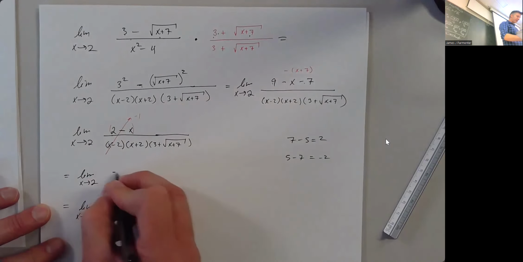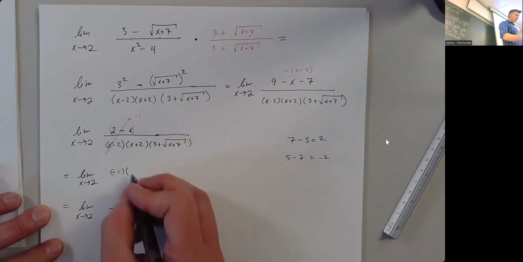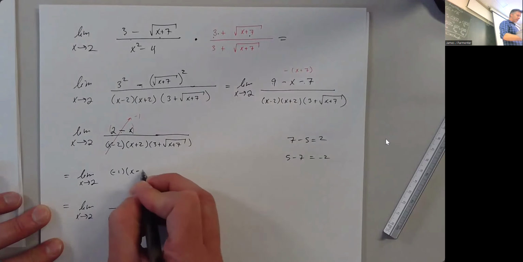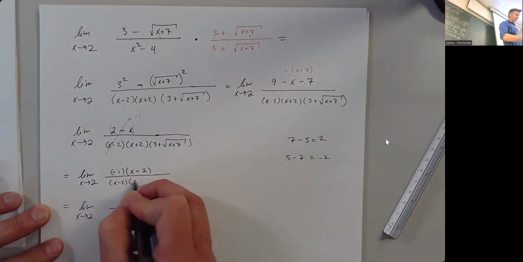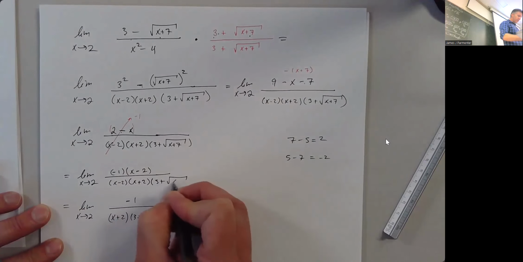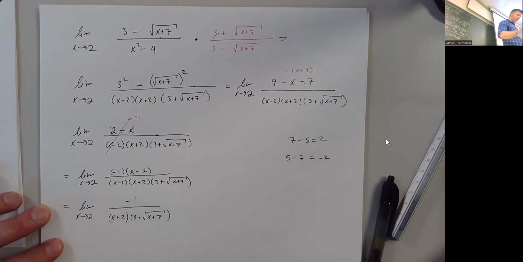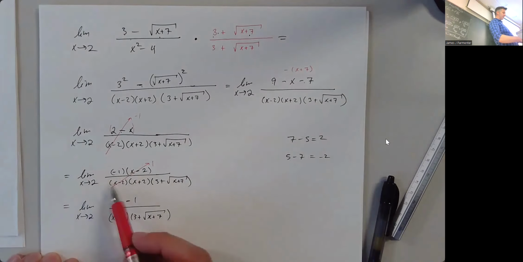So if I factor out a negative 1, I'm left with a negative 2 plus x, or I would write that as an x minus 2. And then it's easier to see that x minus 2 divided by x minus 2 is just 1. And then you're still left with the limit as x approaches 2 of negative 1 over x plus 2 times 3 plus the square root of x plus 7.